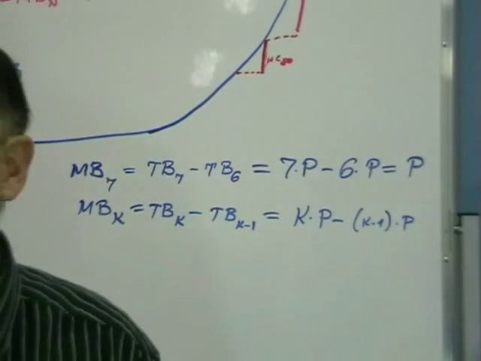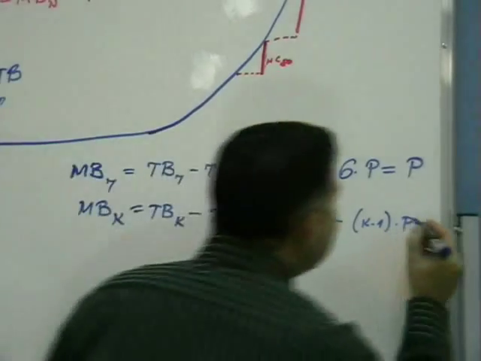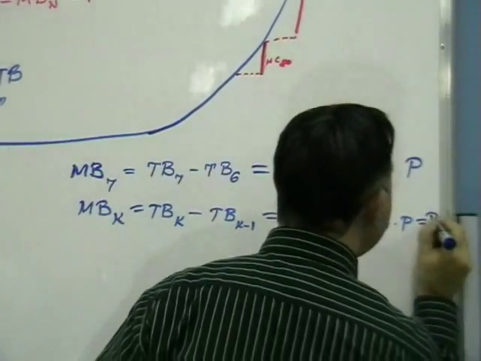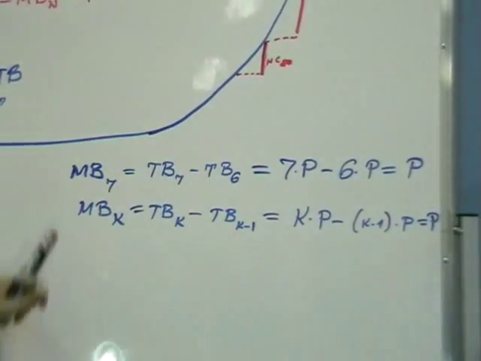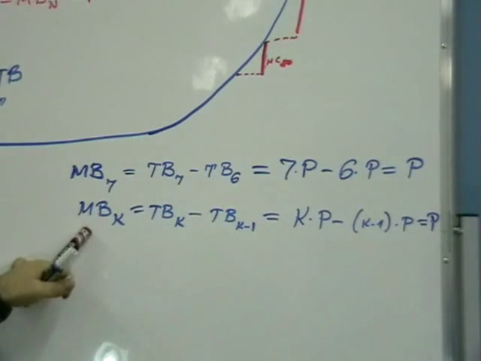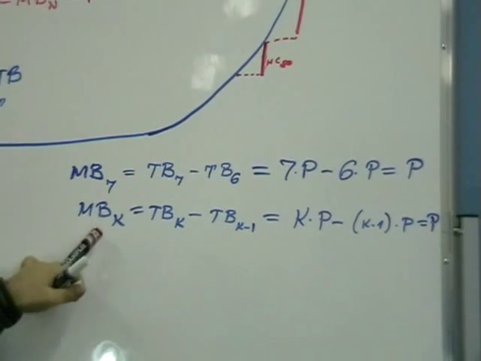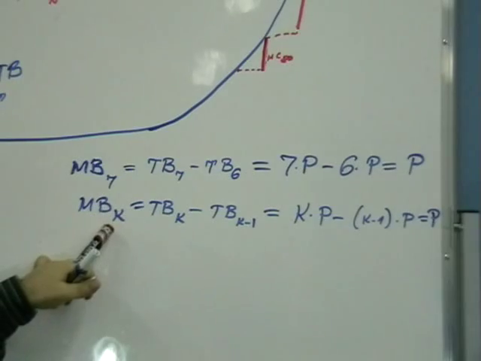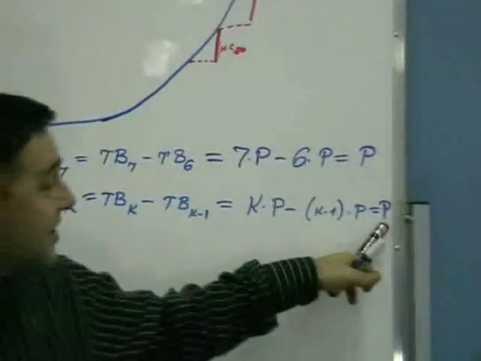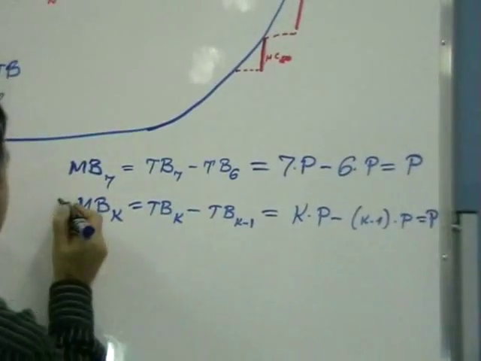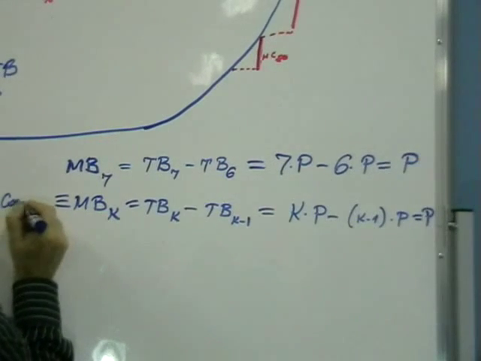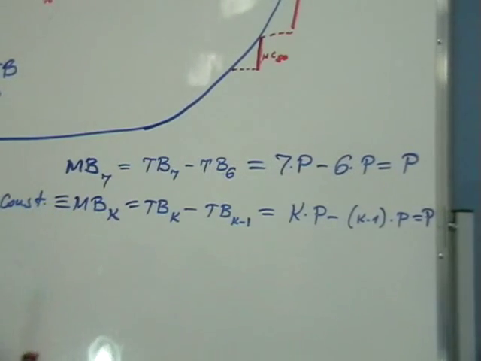Krassimir Petrov, that's my initials. Alright? You get only P. So, the derivation is that the marginal benefit for any quantity is P. In other words, the marginal benefit is constant. Alright?